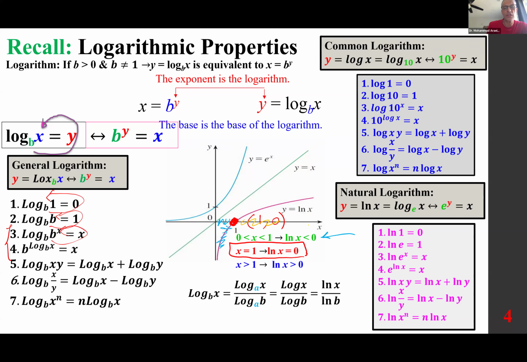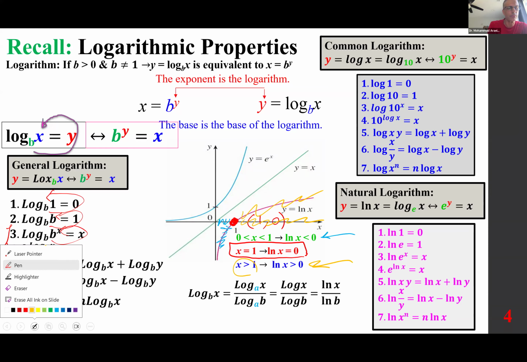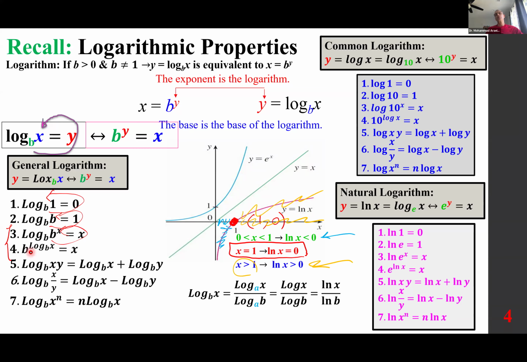And if it's here, that means x is positive, log must be positive. So I hope everybody is okay with this. Okay, that's pretty straightforward, everyone.